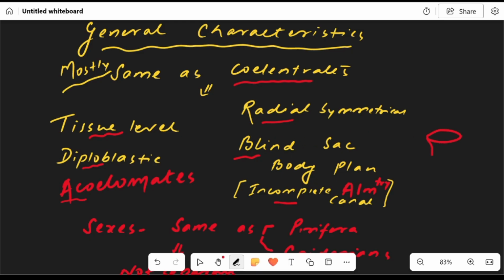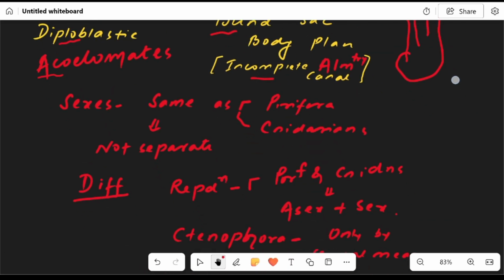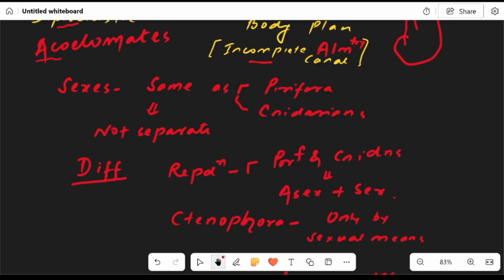That means one opening for both ingestion as well as egestion. Sexes: same as Porifera and Cnidaria. That means all three of them are hermaphrodites.